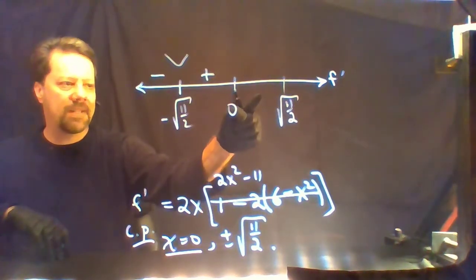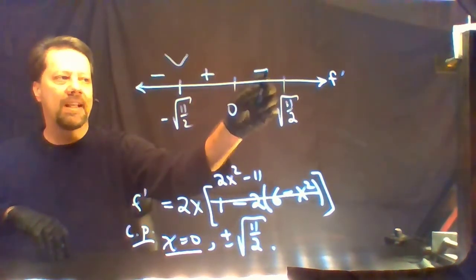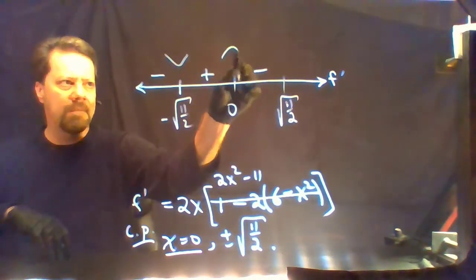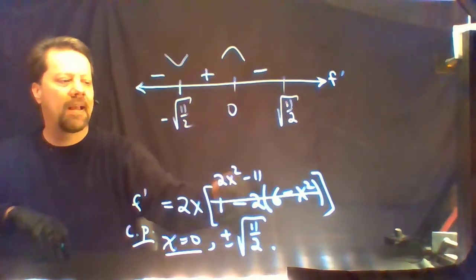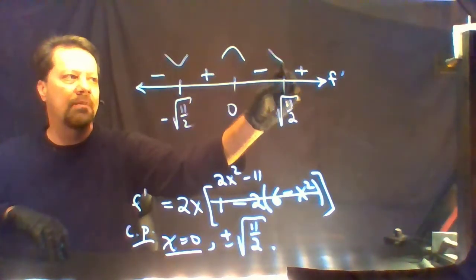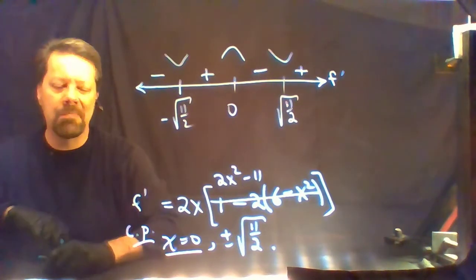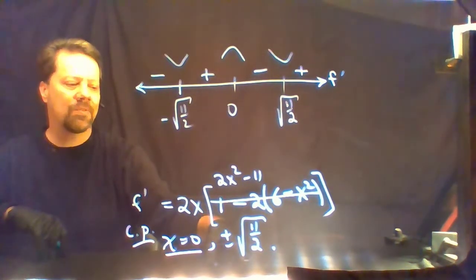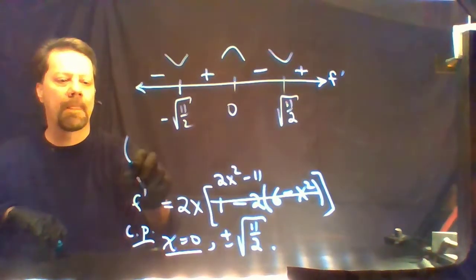When we plug in something like 1, we get negative times positive, which is negative. That makes 0 a local maximum. And then we'll get a positive over here, so again we have a local minimum. That means the minima will occur when x is plus or minus the square root of 11 halves.